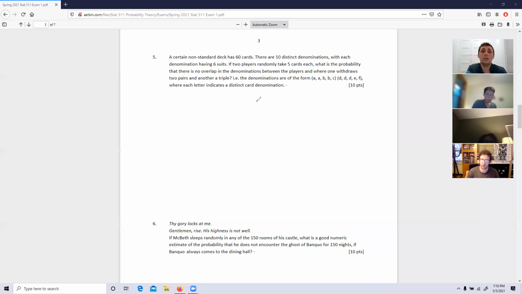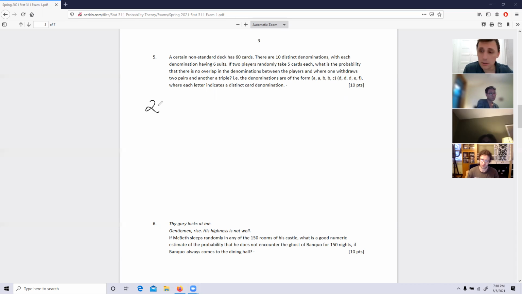If 2 players randomly take 5 cards each, what is the probability that there is no overlap in the denominations between the players, and where one withdraws 2 pairs and another a triple? So that's the situation: one player takes 2 pairs and another is taking out a triple. So for that situation, I have to first of all see which of those people withdrew the pairs and which the triple.